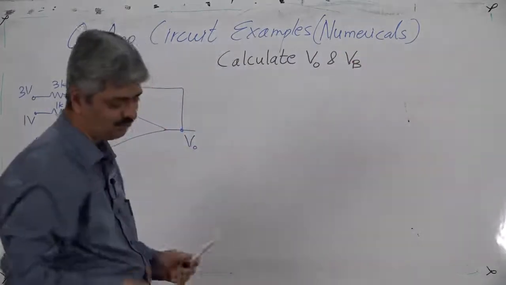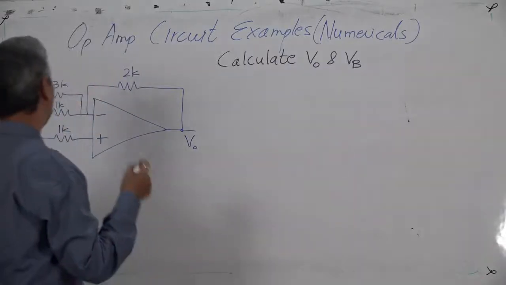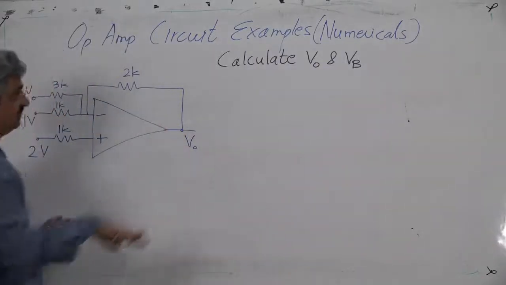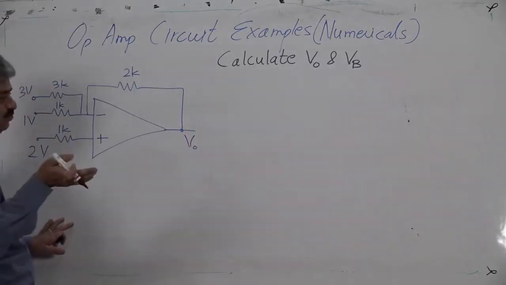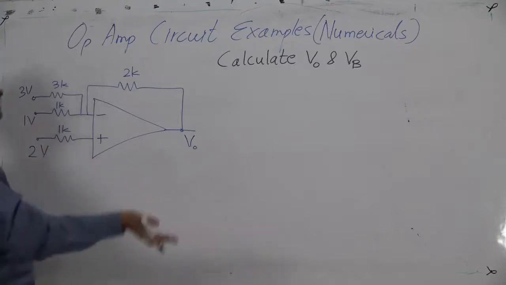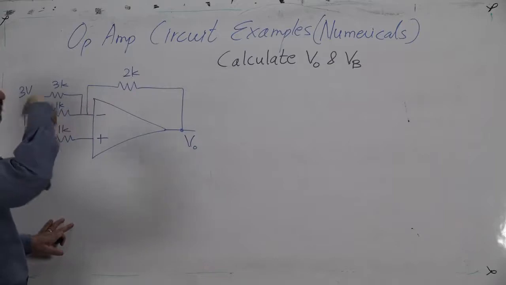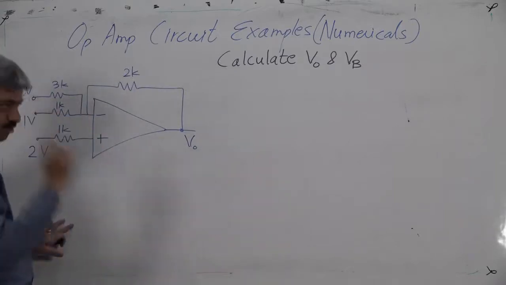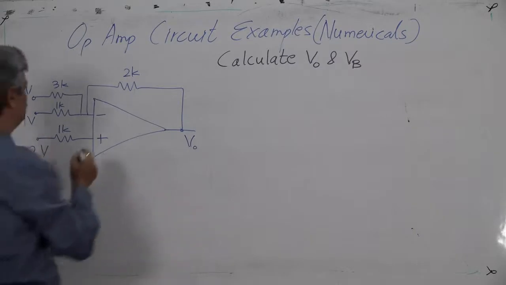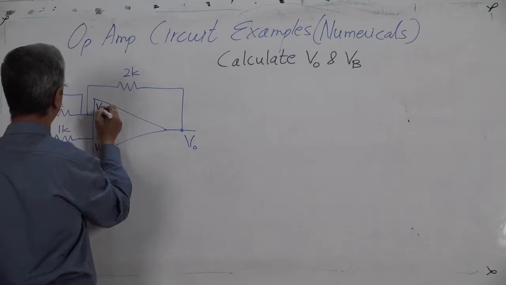Actually, calculation of VB is not required as it is VA, but if output goes beyond saturation, suppose output comes to minus 18, you should say output is minus 15, and again calculate VB, because based on VB equal to VA you calculated the output, which cannot remain, so it has become wrong, so you need to recalculate. So VA is here, VB is here.